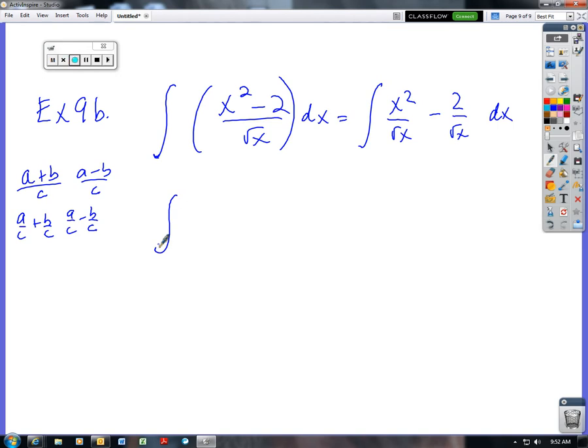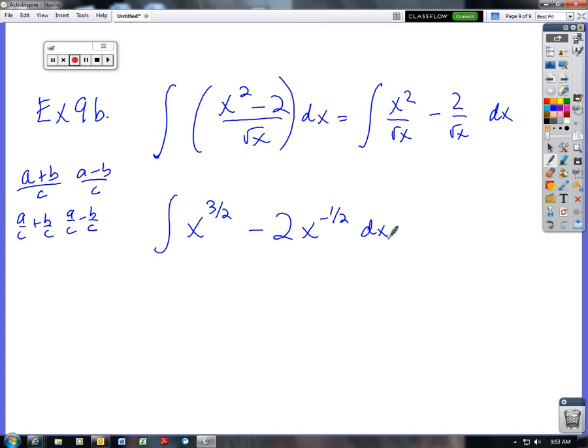So this is x squared over x to the 1/2. So that's going to be x to the 3/2. 2 minus 1/2 is 3/2. Minus, and then that's going to be bringing that root x up to the top, so you're going to have x to the negative 1/2. And then now it's in a form we can integrate by using the power rule.